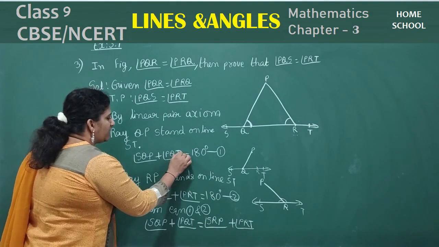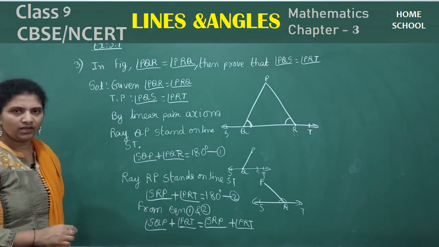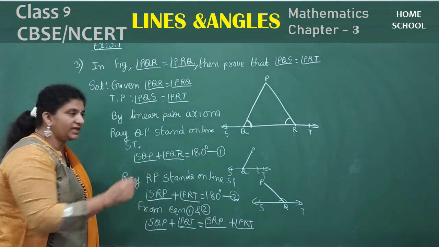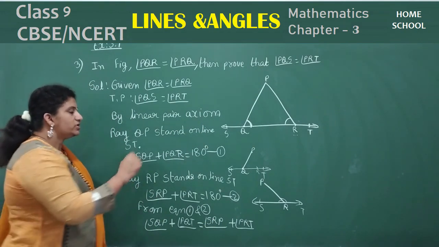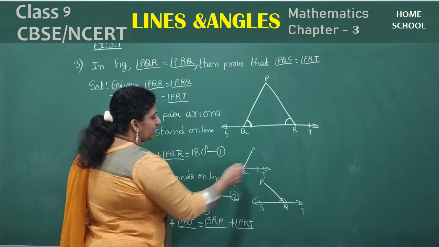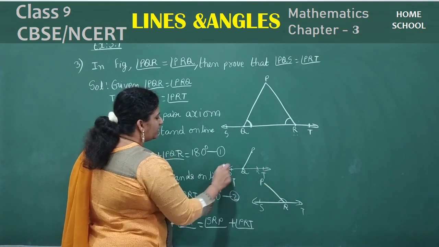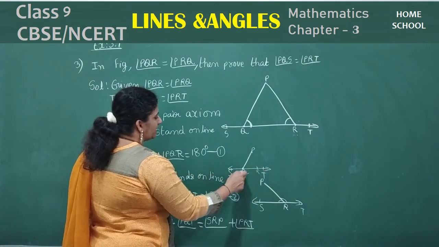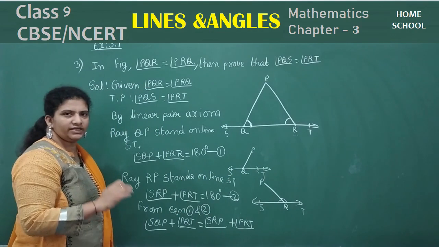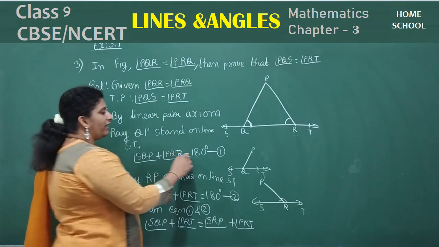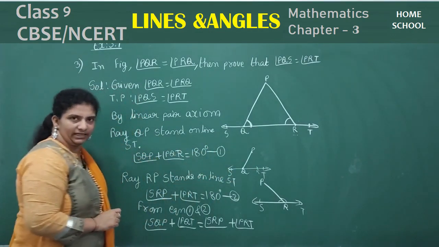That means PQR you end. Right? This is the place where you make a mistake. When you observe a line, linear pair, immediately you end up with angle SQP plus angle PQT. It is not wrong, but you have to write up to PQR triangle only.